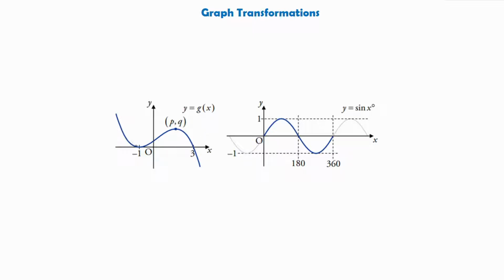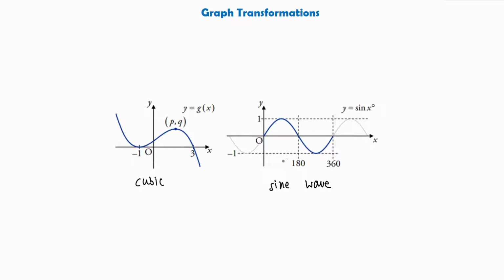So when we sketch a function, we call it the graph of the function, and for this graph here on the left, we would call this a cubic function, and on this one on the right we would call it a sine wave, which we also called a trigonometric function. So we've got a cubic function here and a trigonometric function.